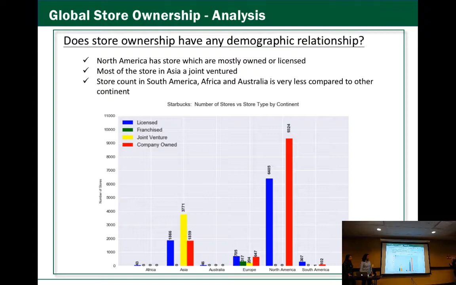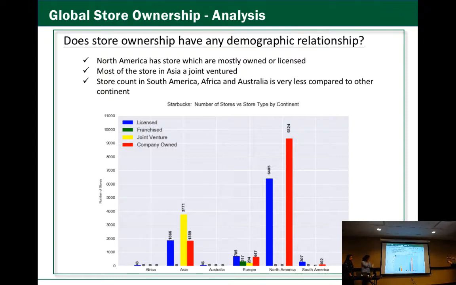So the next question is around the Starbucks ownership. We found that there are 4 major categories of ownership: license, franchise, joint ventures, and company. To give a clearer picture around the world, we have grouped our data by continent rather than by country.